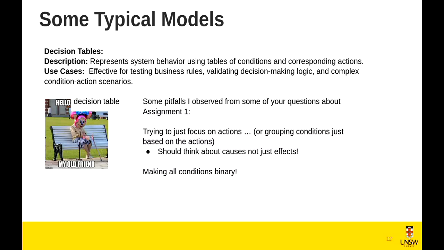The first one is that some students may just focus on the actions of decision tables, or try to group conditions or rules based on the actions. If you are watching the recording, I hope you watch it before submitting your assignment 1, because this might be related to your assignment 1 questions.